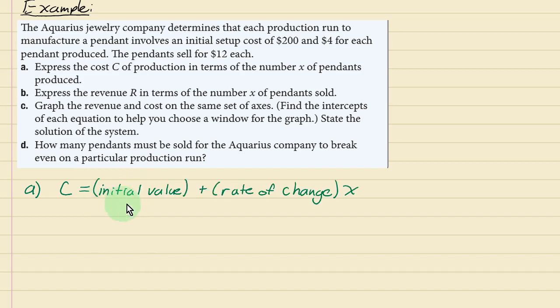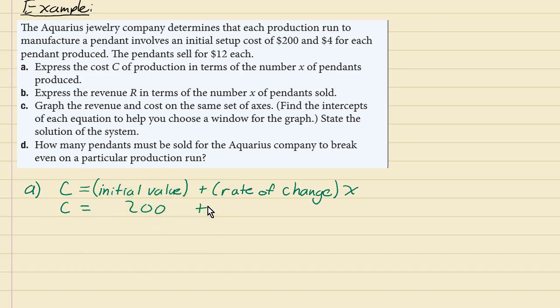This is the way the equation was written a lot of times in chapter 1, where you start with the initial value, which is what the cost is, even if X is 0. That means even if there are 0 pendants produced, that initial value should be 200.